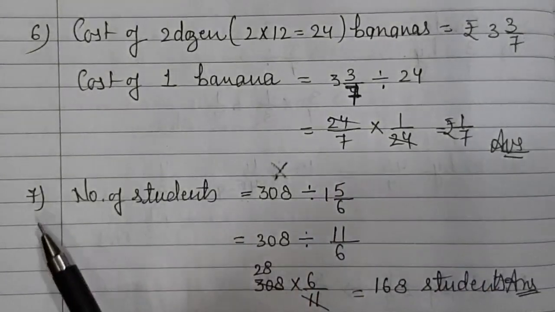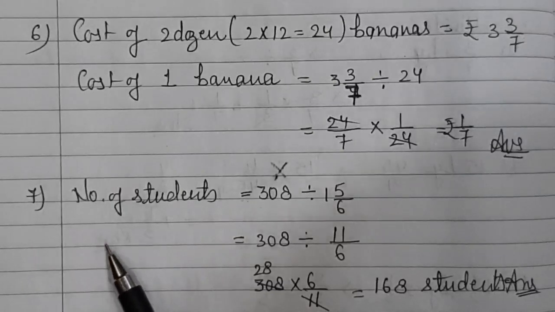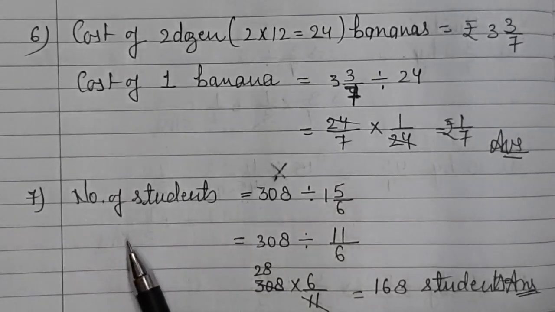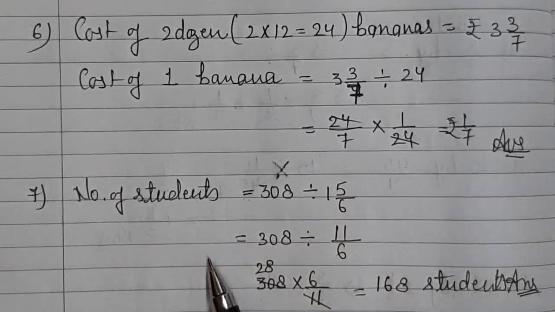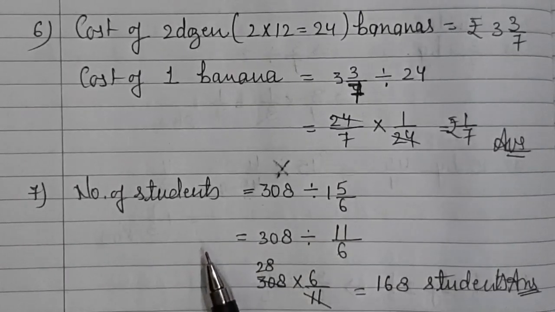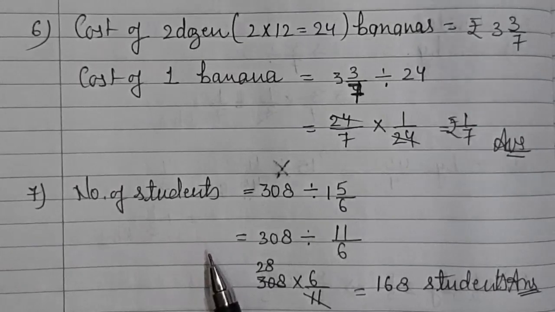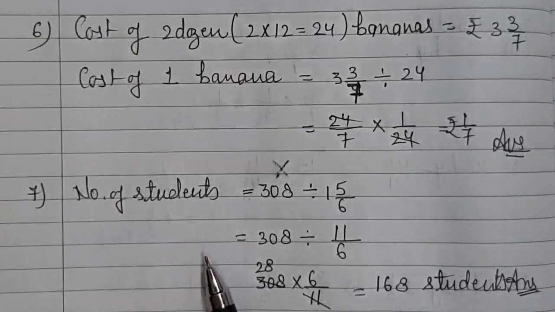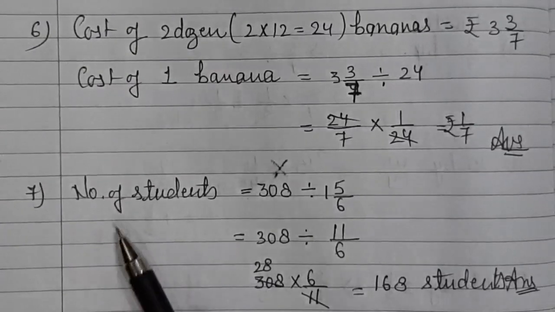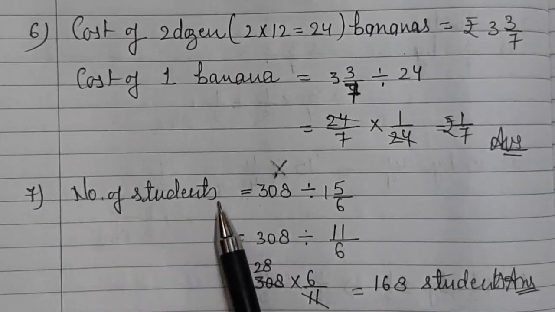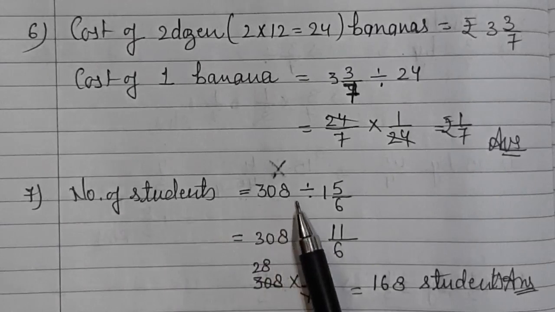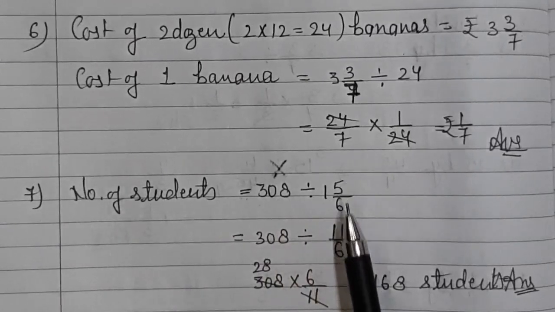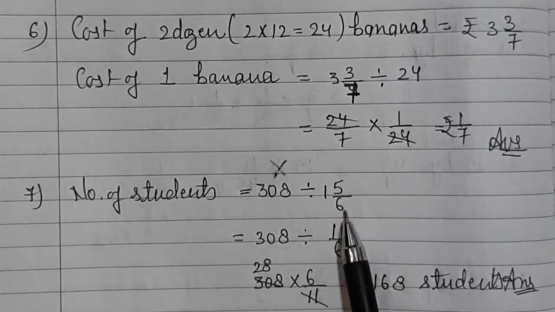Now come to 7th numerical. Each student in a hostel is given 1 whole 5 by 6 liters of milk in a day. Every day a total of 308 liters of milk is consumed. Find the number of students in the hostel. To calculate the number of students in the hostel, we have to divide 308 by 1 whole 5 by 6, right?